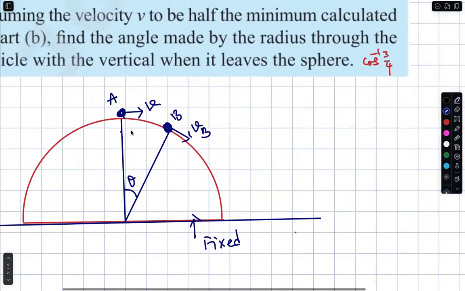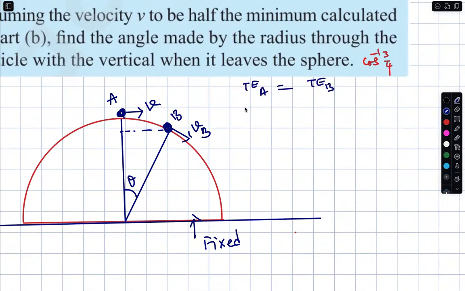Now, total energy at A is the same as total energy at B. Now you will take this line as the reference. So what are the energies at A? Half mv square plus mgh. Actually, can you please help me? What is h?